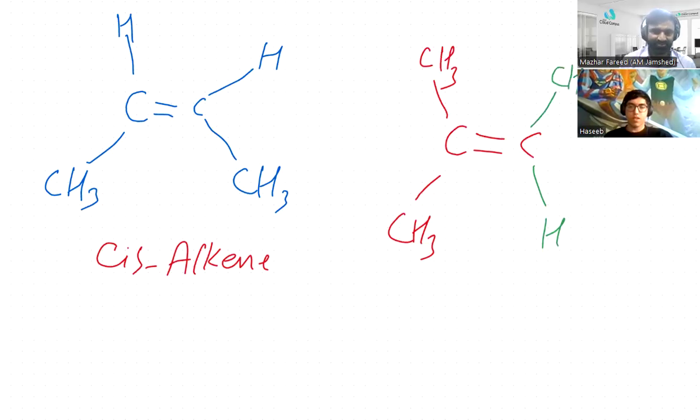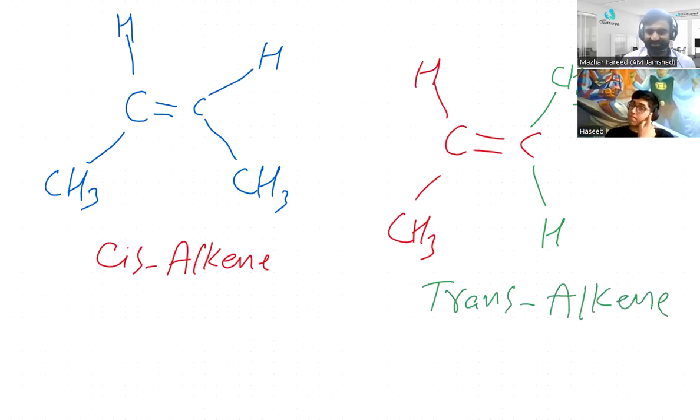So I draw the same structure, but I change the position of this. So when different atoms are present in the space, we can say it is trans. So it will be the trans alkene.